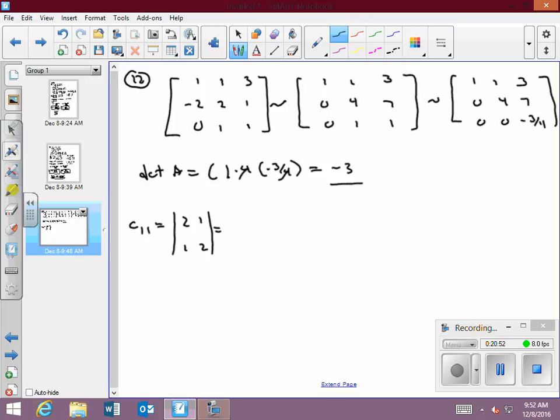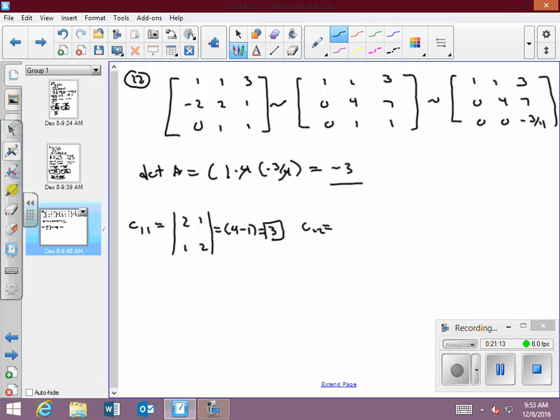So that's 4 minus 1, which is 3. So there's that one. And then C, first row, second column.